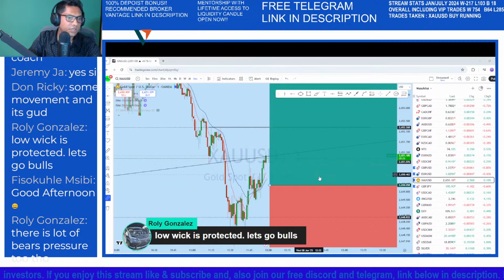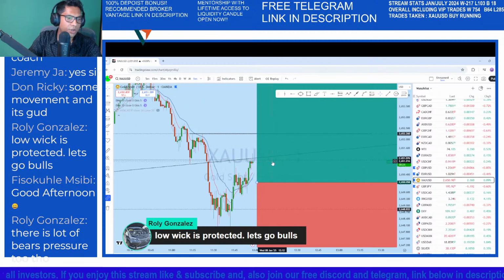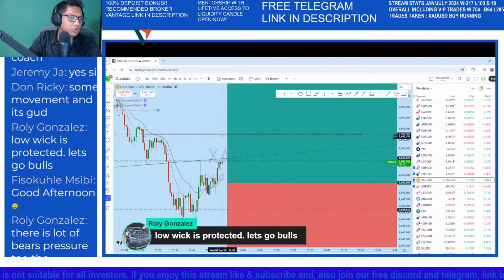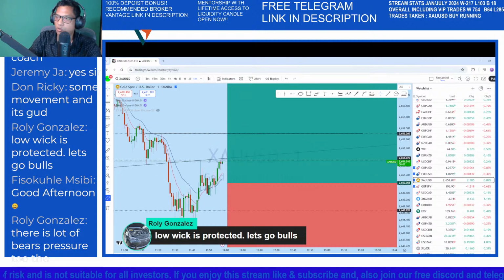Okay, so we see so far going according to the direction that we expected. Now, as it managed to penetrate that resistance line, expecting to go ahead to that level here where there is a 2652 level, which is an important level of resistance.